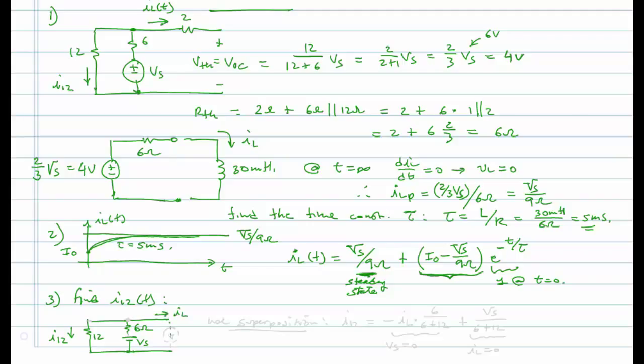I could actually draw in a current source if I wanted to. That's really what I'm solving here, albeit the current source is going to change in time. But at any given moment in time, I have a certain current, IL, and I can express I12 in terms of that. So let's use superposition.